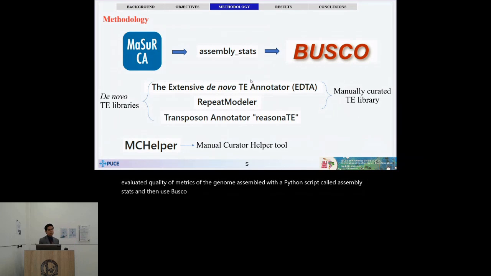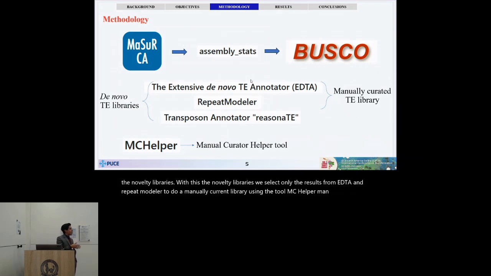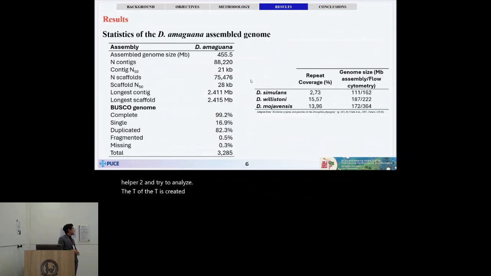And for the TE process, we use the de novo tools EDTA, RepeatModeler, and RepeatModeler2 to generate the de novo TE libraries. With these de novo TE libraries, we select only the results from EDTA and RepeatModeler to make a manually curated library using the tool MCHelper, Manual Curator Helper 2, and analyze all the TEs created from this species.